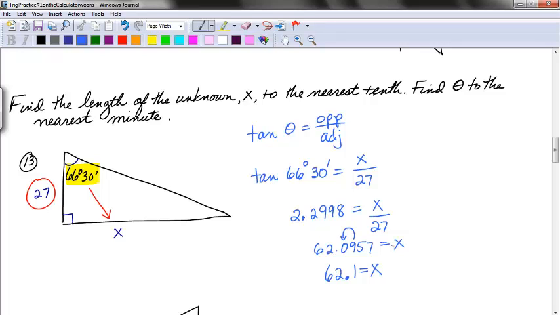Did you do tangent? Let me see your calculator. That's kind of weird.